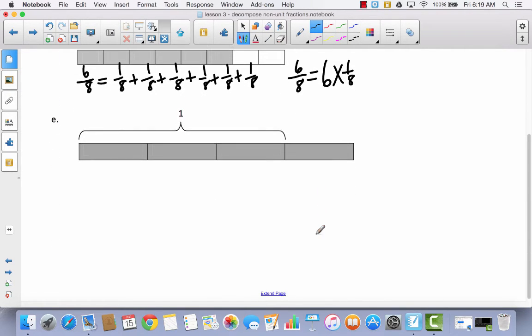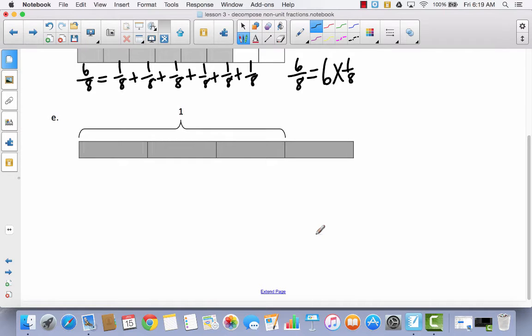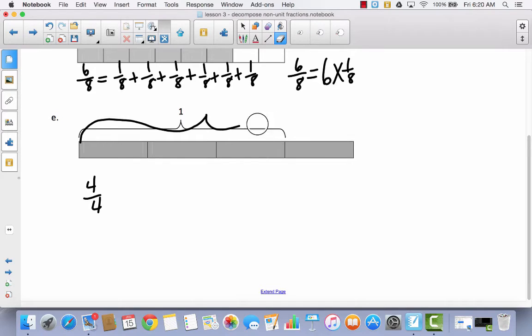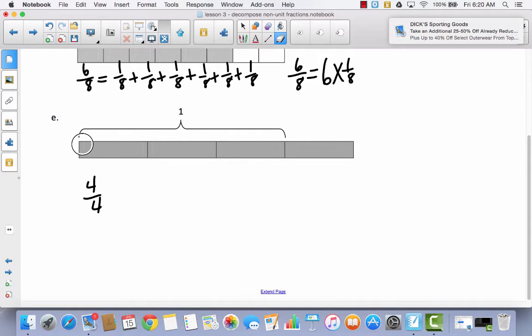All right, so this one's a little bit different. You're going to notice, first of all, it's greater than 1. But that doesn't really change anything, except it does change the number that goes on the bottom. If you thought to yourself that this was 4/4, that wouldn't be true, because in order for this to be 4/4, this would have been the whole. But because this is not the whole, that tells us that this is not 4 out of 4.